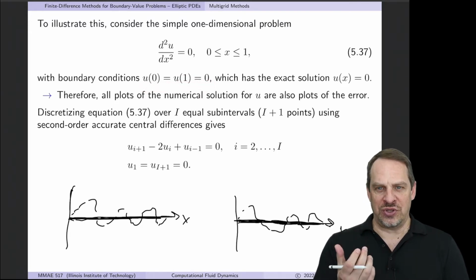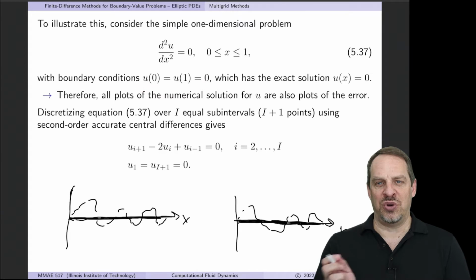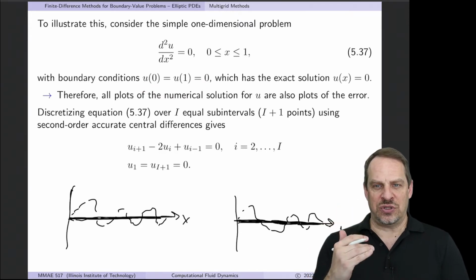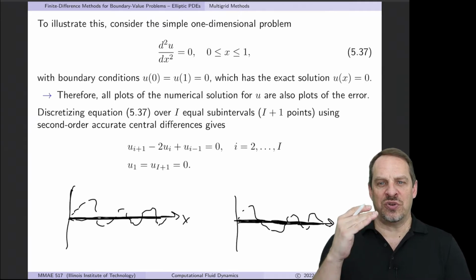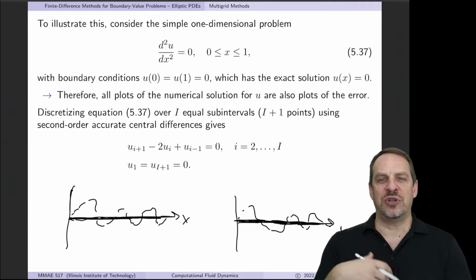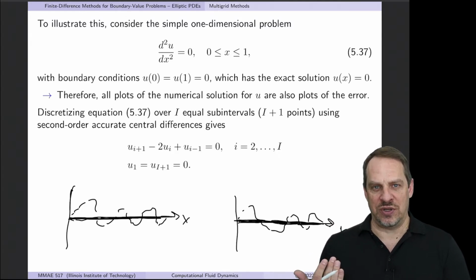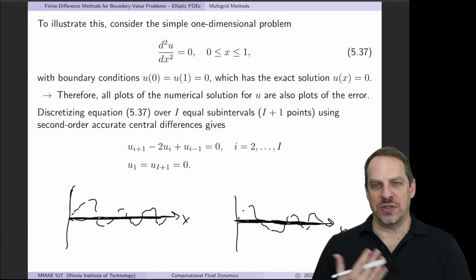Of course, the solution to that second order differential equation is just a straight line, and if the boundary conditions are both 0 at both ends, the straight line is just u is equal to 0. So the exact solution is u is equal to 0. That's what we're trying to get to. Anytime we plot the current numerical solution, we're actually plotting the error because the exact solution is just 0.